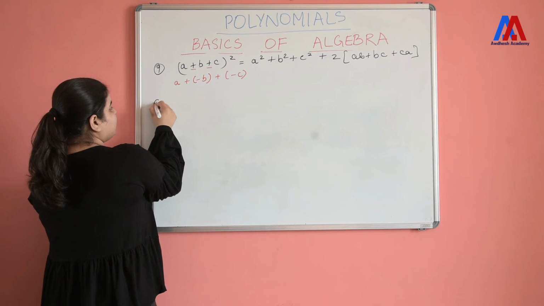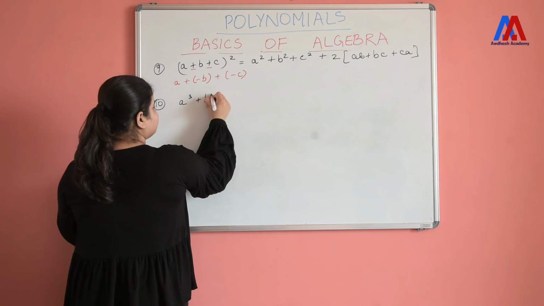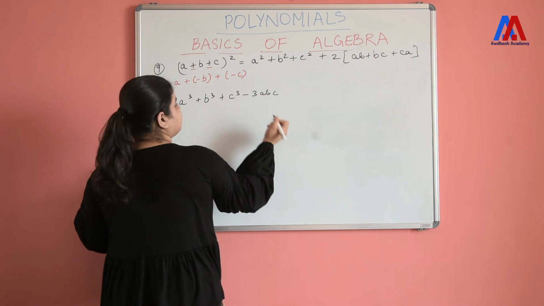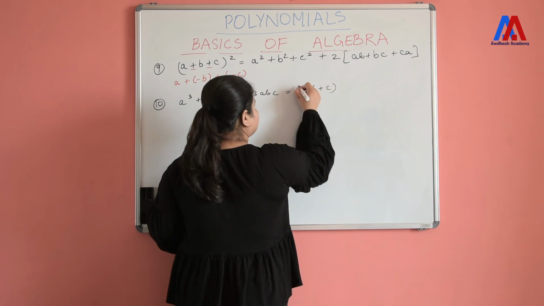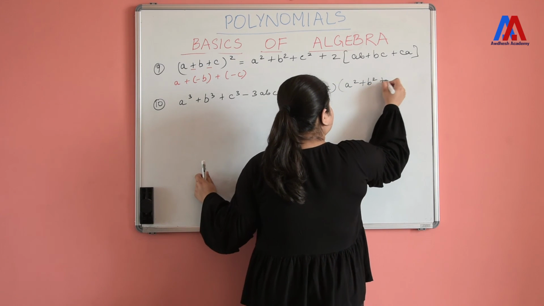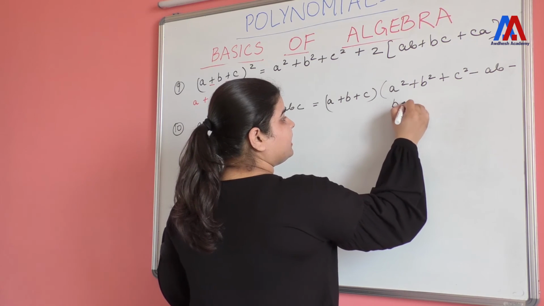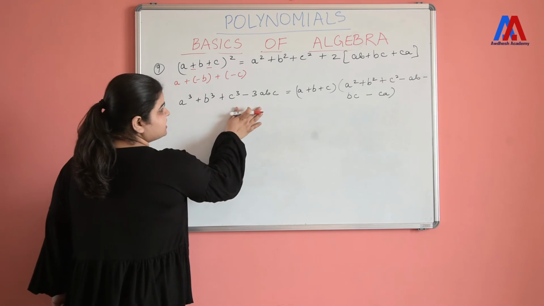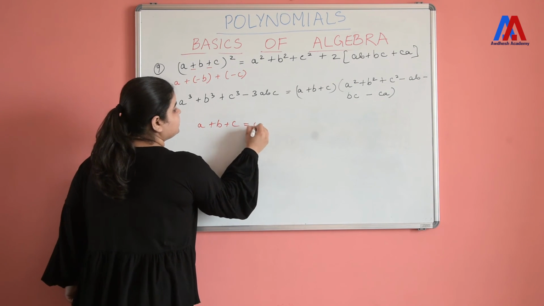The last but not the least is the identity for a cube plus b cube plus c cube minus 3abc. This is equal to a plus b plus c into a square plus b square plus c square minus ab minus bc minus ca. A special case of this identity is when a plus b plus c is 0.